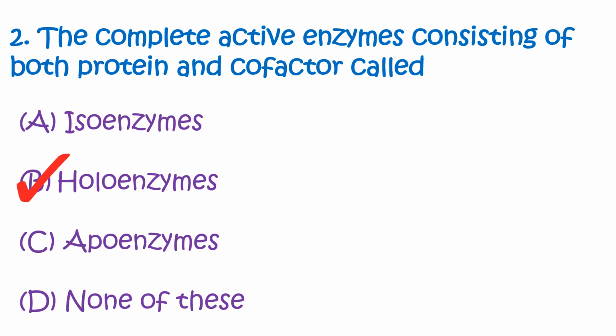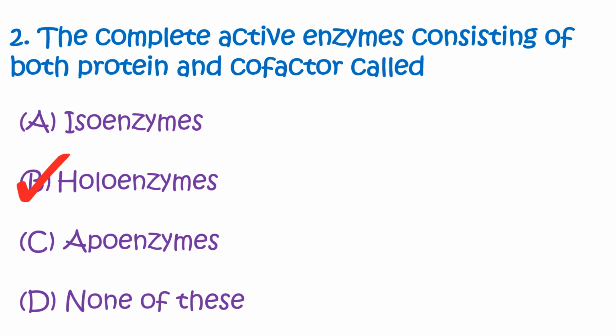So when it is combined with a cofactor, which can either be a metal like magnesium or iron, or it can be any organic molecule such as coenzymes like NAD plus, etc. So when this cofactor is combined with the inactive part of the protein, together it is called as the holoenzyme.